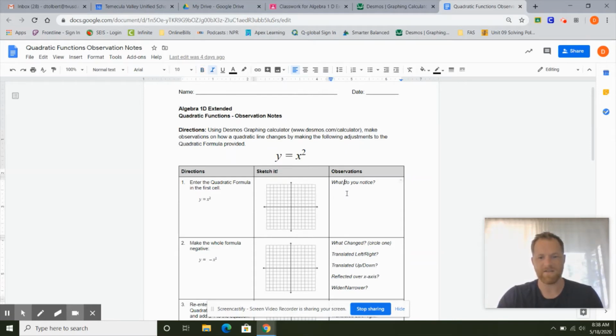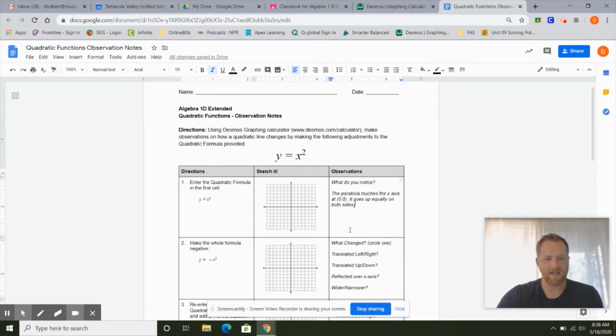And then maybe on this side, you make a note that says the parabola touches the x-axis at the 0, 0 coordinate. It goes up equally on both sides, okay? And so that's all I have to put.